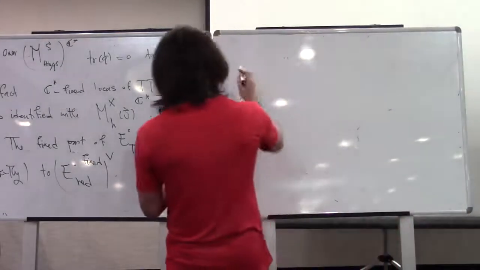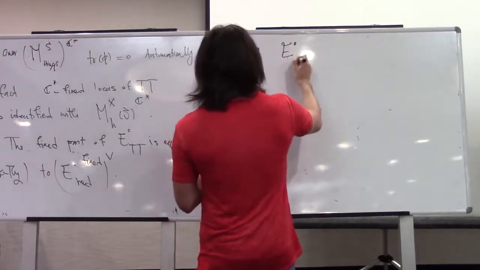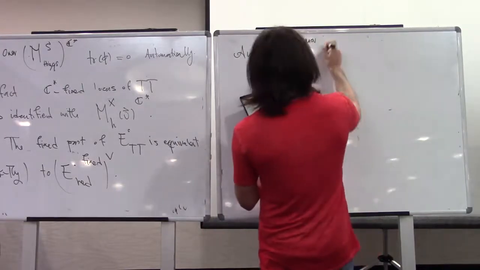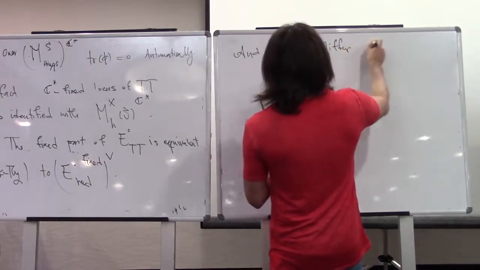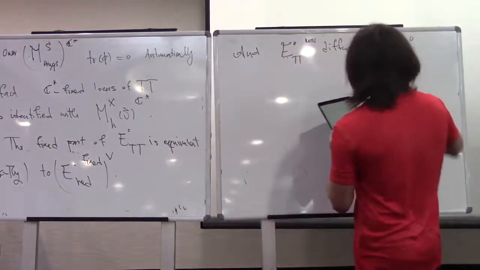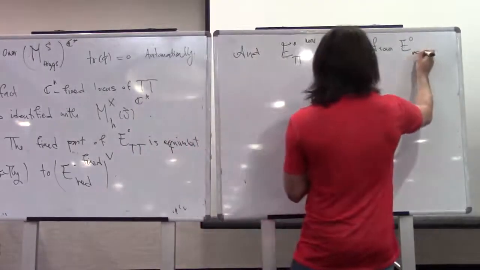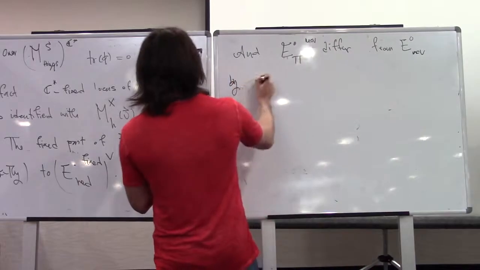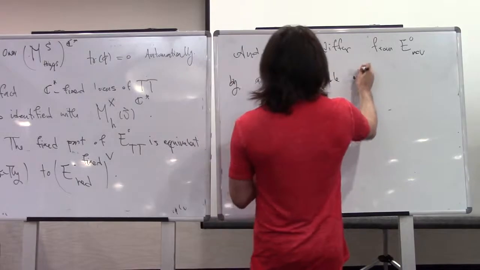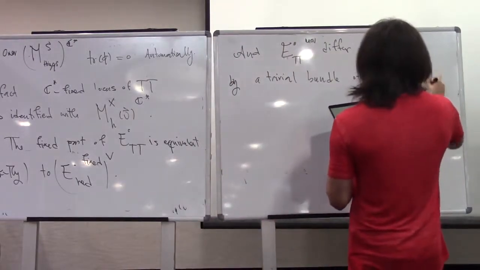E dot Tanaka-Thomas moving differs from E dot reduced moving by a trivial bundle of rank exactly the arithmetic genus of the surface.